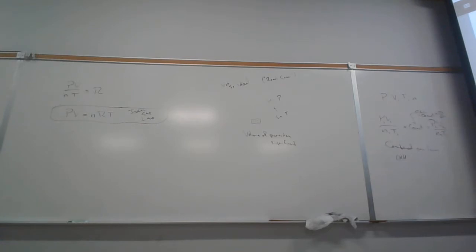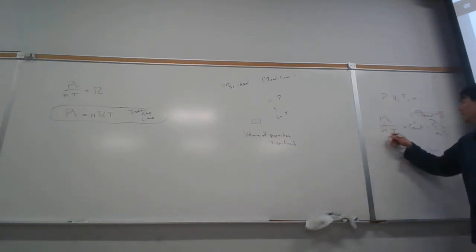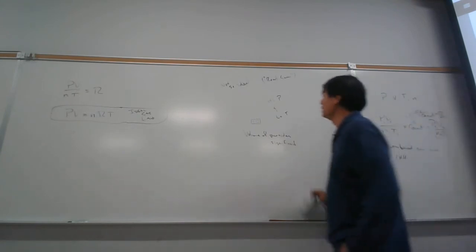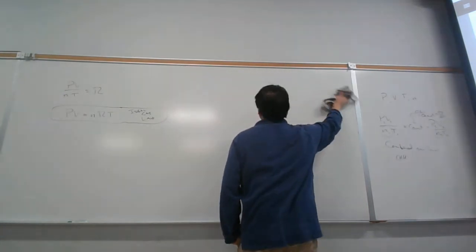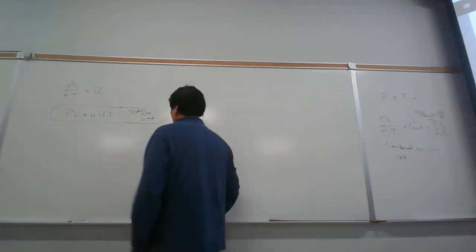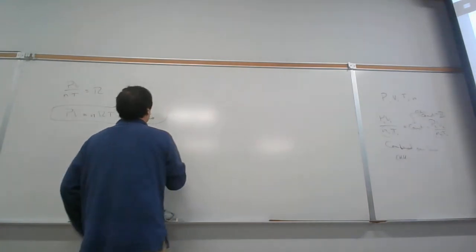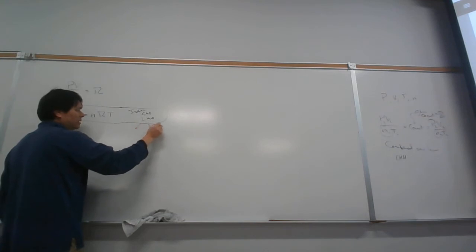Oops, I jumped ahead. All right, I didn't talk about this n much in here. Let's talk about n a little bit more. The ideal gas law is a composite of three simple gas laws combined into one.